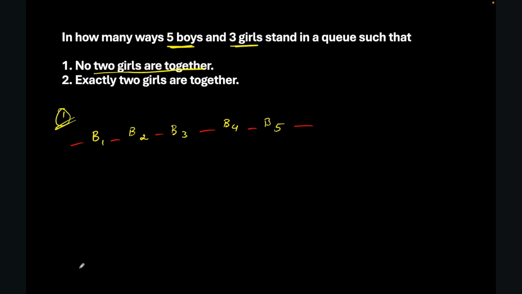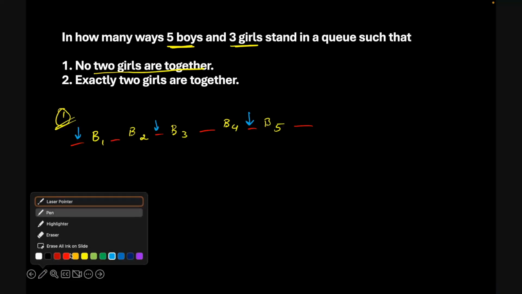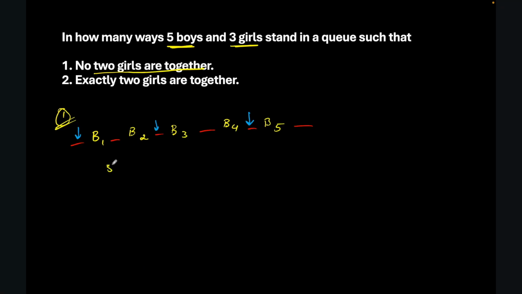Let's say I'll take blue. This is one spot, this is another spot, and this is another spot. Let's look at the boys first. There are 5 boys, so 5 factorial. Again, I'm not dividing by anything because the boys are distinct.